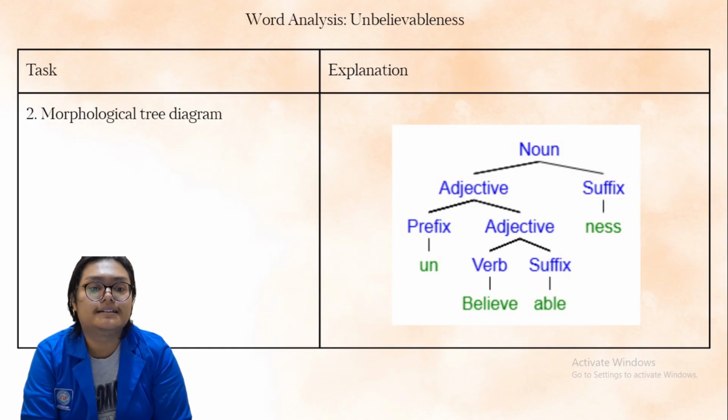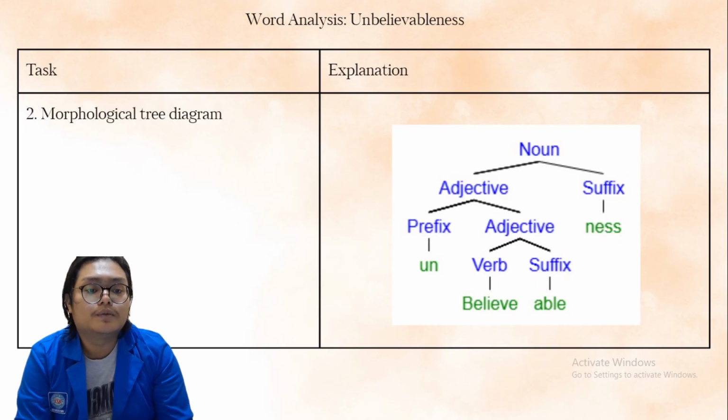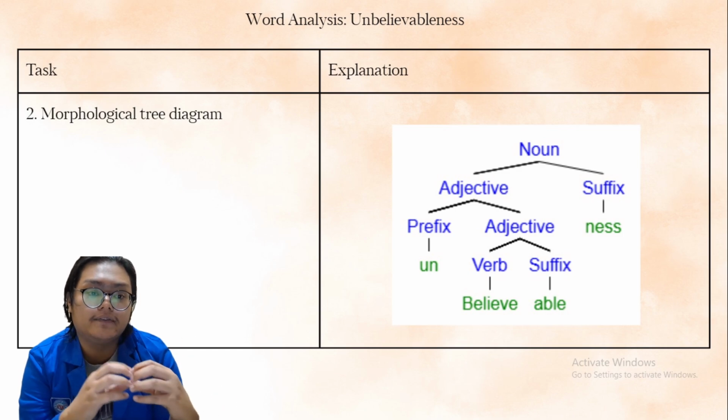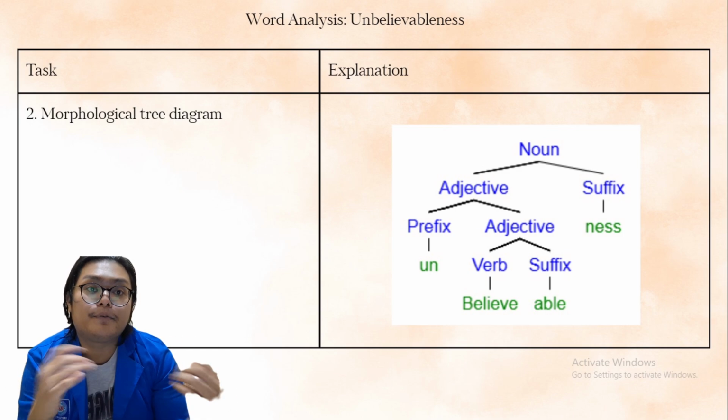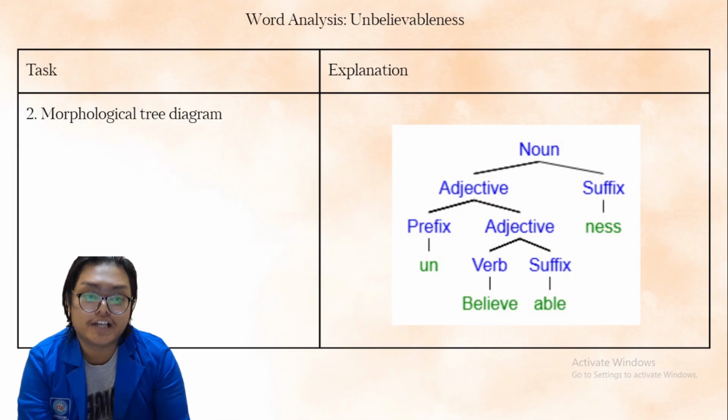What makes believable an adjective is that there is belief and the added suffix able, so together they become an adjective. But unbelievable is also an adjective because of the added prefix un.